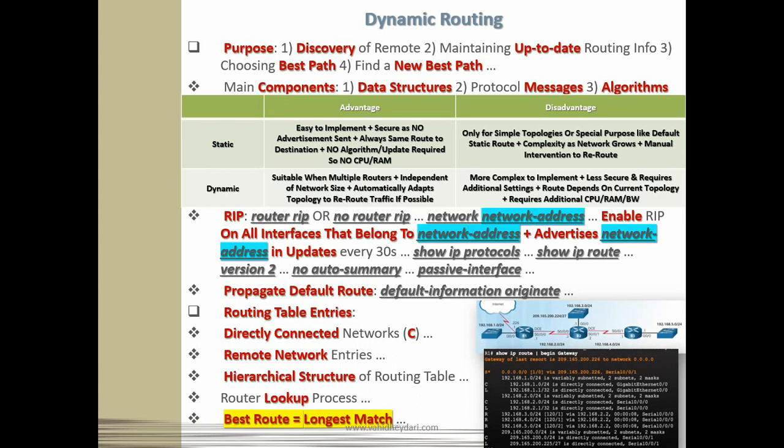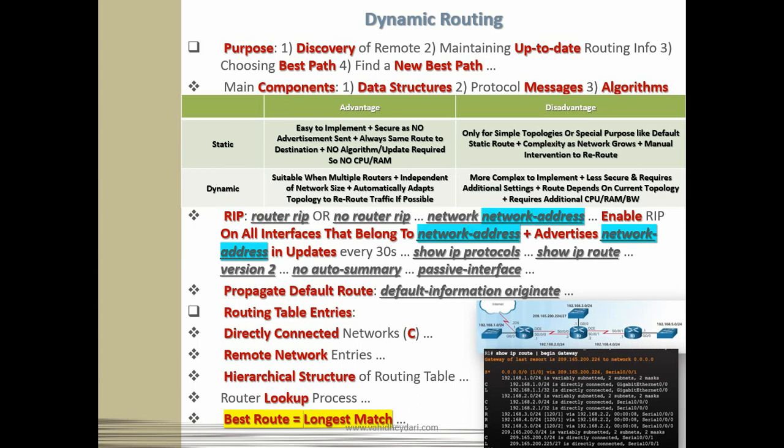We have four different terms to be used with this hierarchy inside routing table entries you should be aware of. We have level 1 ultimate routes, we have level 1 routes, we have level 1 parent routes, and we have level 2 child routes.